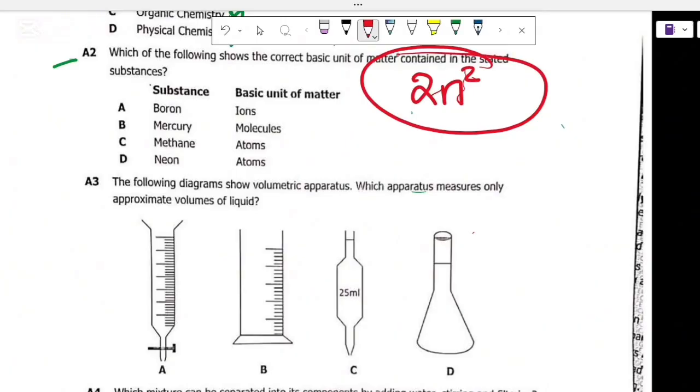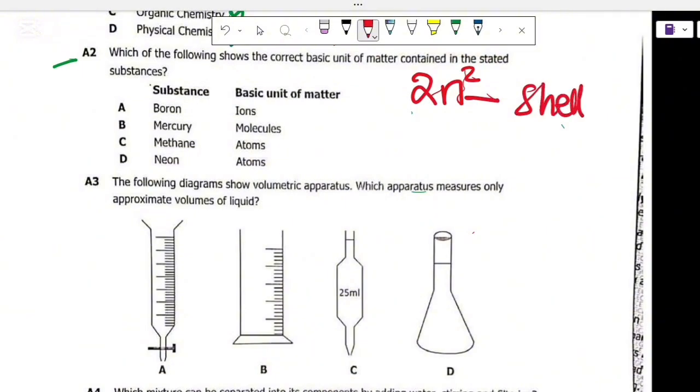You just use your mind to know, okay, we should put this number of electrons in this particular shell. But 2n squared is very important. This n is pointing to the shell number. So how do we use this particular formula to know how many electrons should be put in each shell?